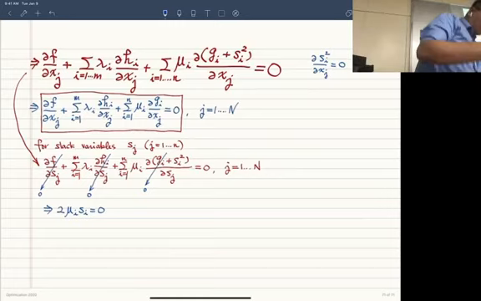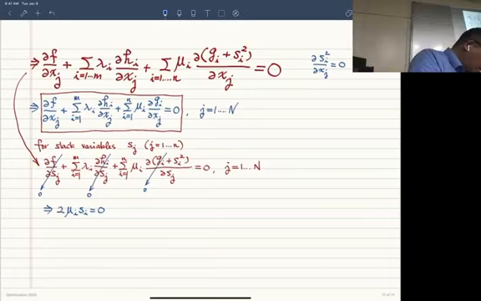If you couldn't tell, let me show you. So basically, you have a bunch of mu_1 gradient s_1 squared over s_j, plus and so on, mu_n s_n squared.